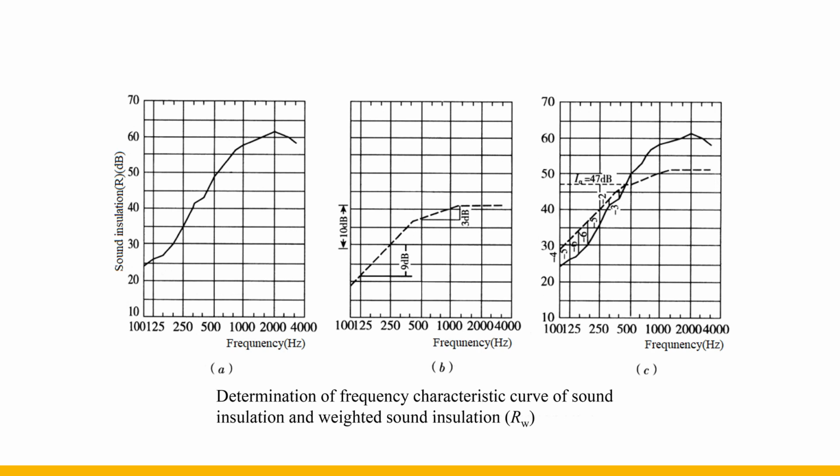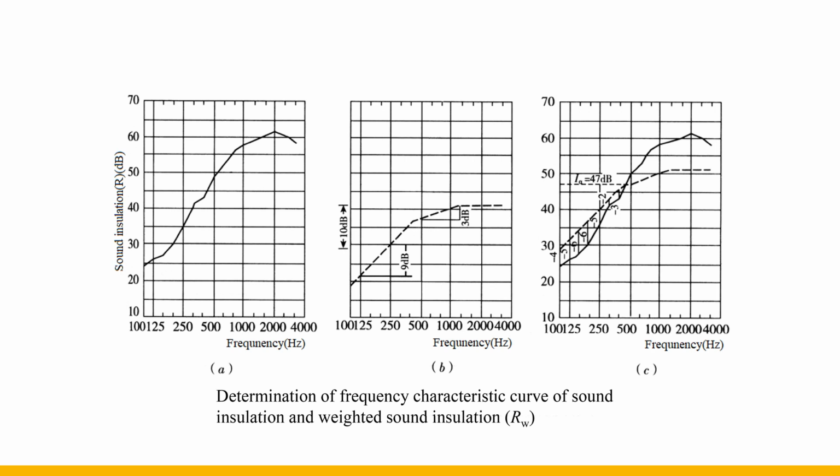It can be seen from Figure C that at 100, 125, 160, 200, 250, 315, and 400 Hz, the values of the sound insulation frequency characteristic curve lower than the reference curve are 4, 5, 6, 6, 5, 2, 3, and the sum is 31 decibel.